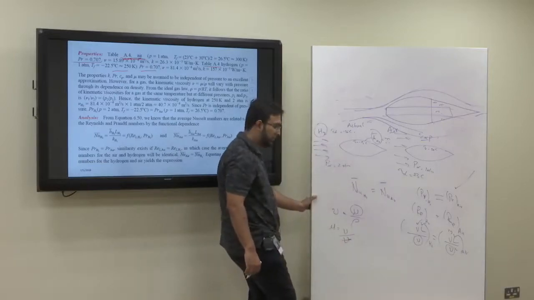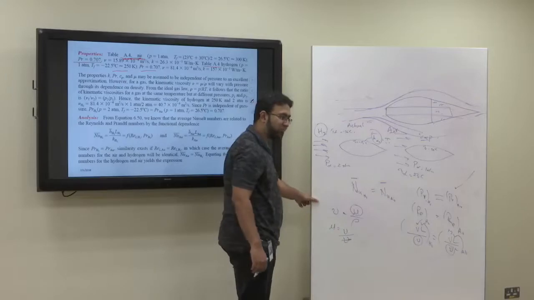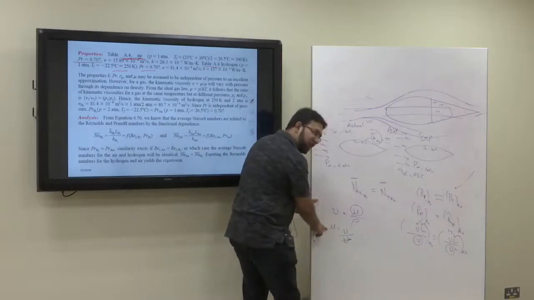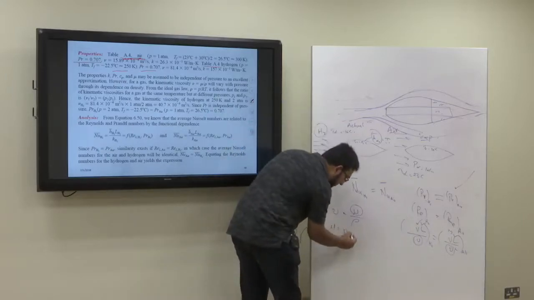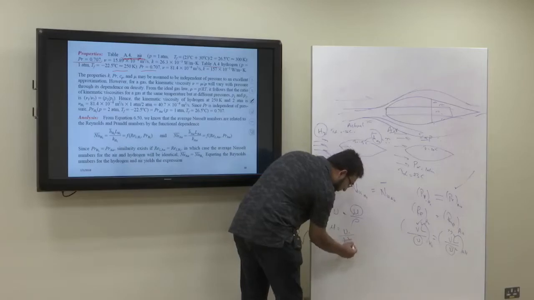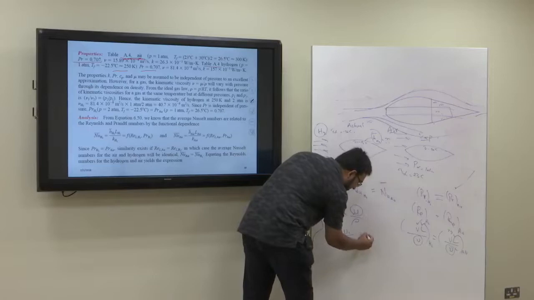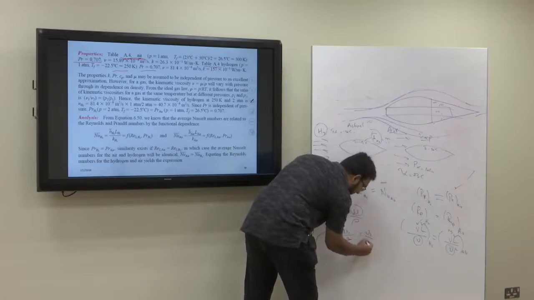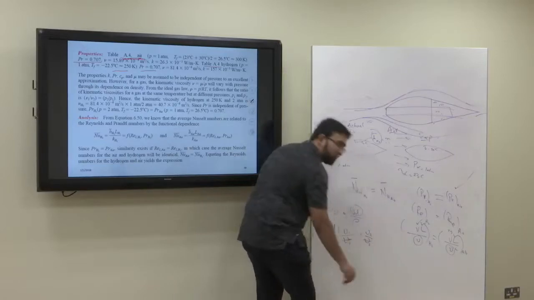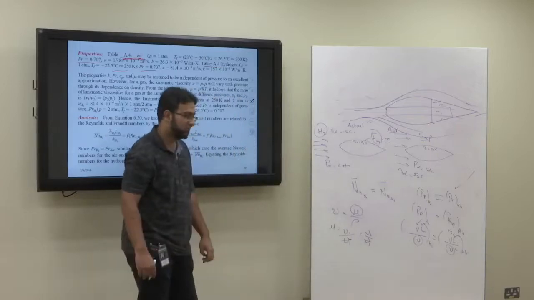Now when I change the pressure, mu does not change. So for one pressure it was mu1 over volume 1. For the other pressure it will be mu2 upon specific volume 2, right?